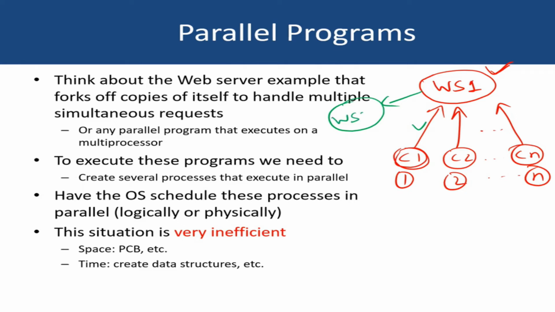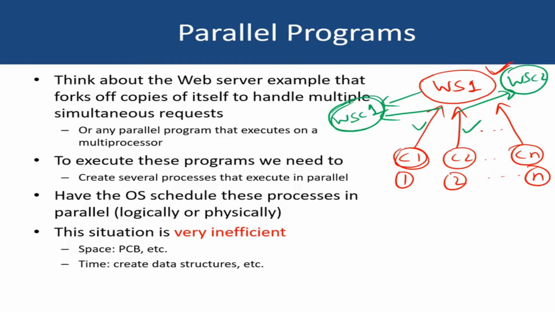Let's say WSC1. This is web server clone 1. So this is the child process of the original web server, which has the same capabilities. And now the web server will redirect this client 1 request to this clone 1 for service. Similarly, when the web server receives this second request, it will again create another clone, web server clone 2, and redirect this client 2 request to this clone 2 for service.